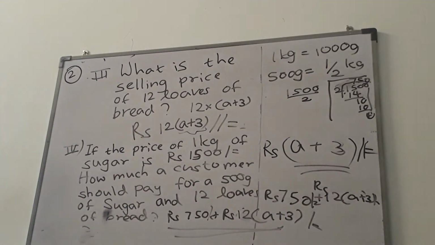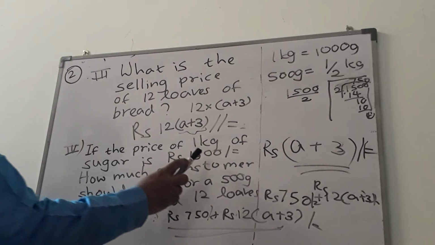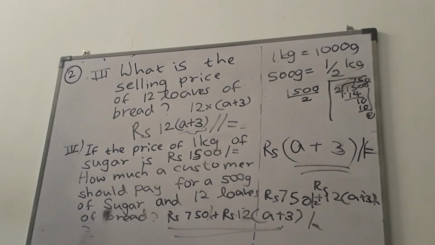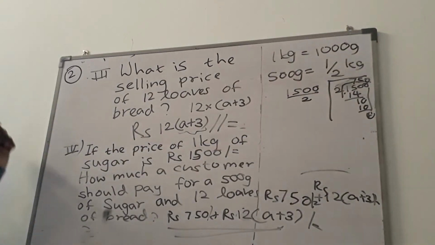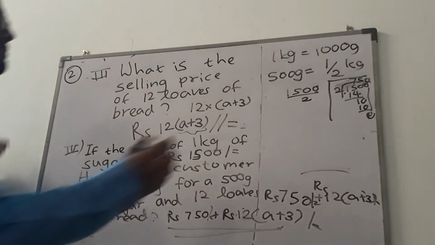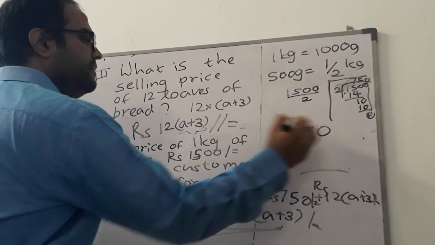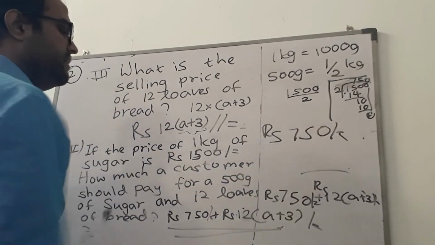If the price of 1 kilo of sugar is 1,500, half of 1 kilo means you have to divide 1,500 by 2, because 500 grams means half of a kilo, which is equal to 750 rupees.